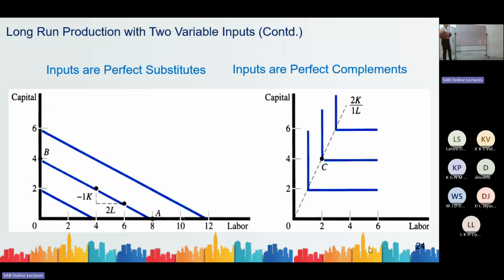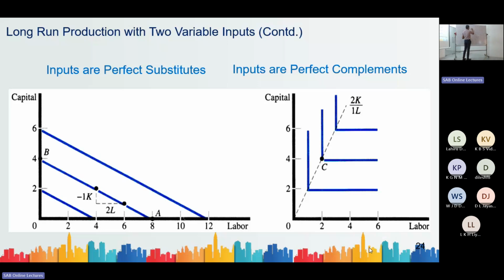It's a downward sloping straight line. And the slope is always constant.